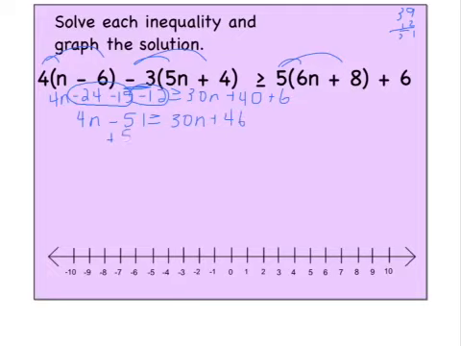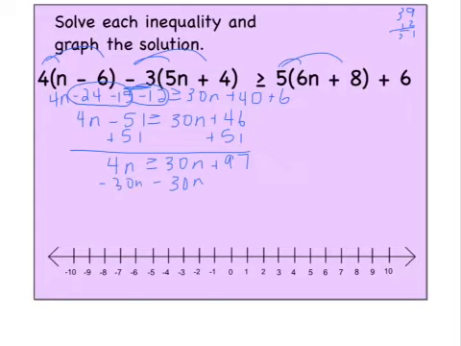I'm going to add 51 to each side, which gives me 4n is greater than or equal to 30n plus 97. Subtract 30n from each side. We've got negative 26n is greater than or equal to 97.